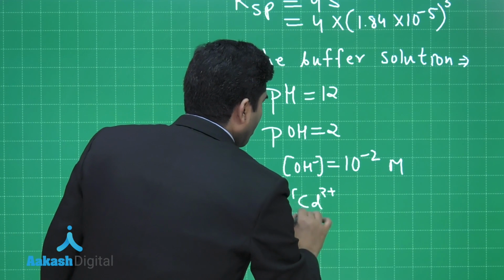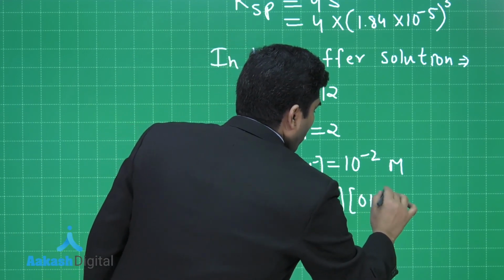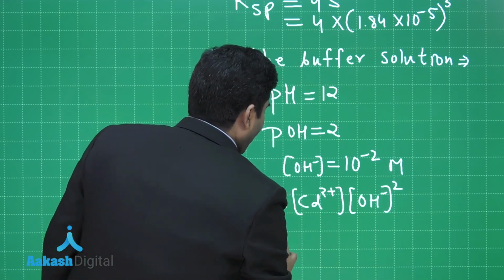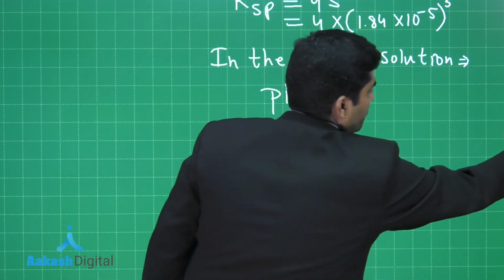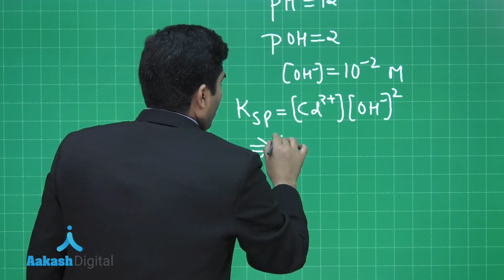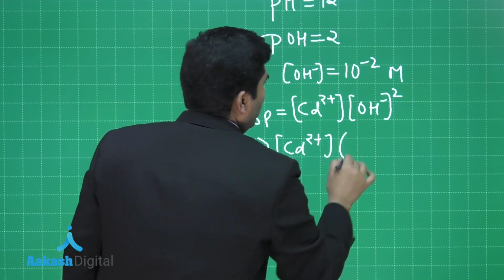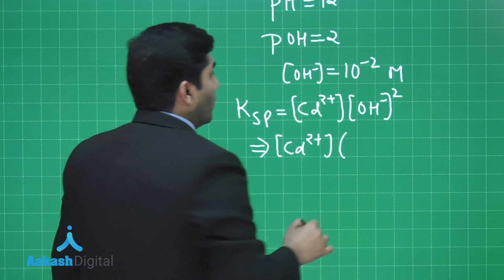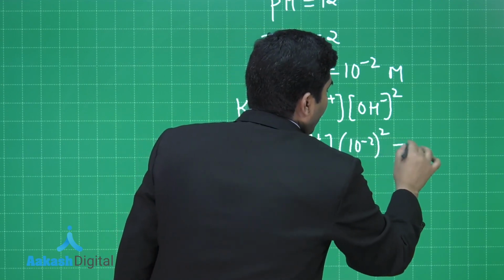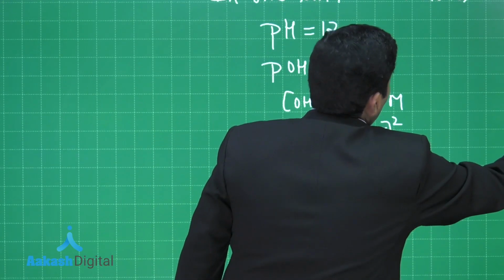the concentration of cadmium multiplied by OH⁻ whole squared, and it will be equal to Cd²⁺ into, now the concentration is 10^-2, so (10^-2) whole squared, and that will be the Ksp we found just now.